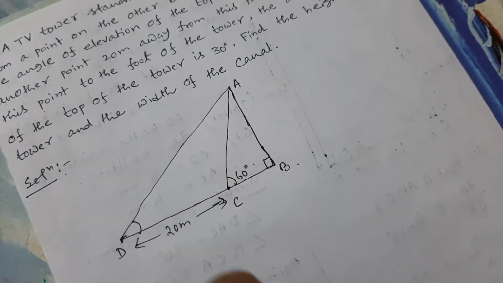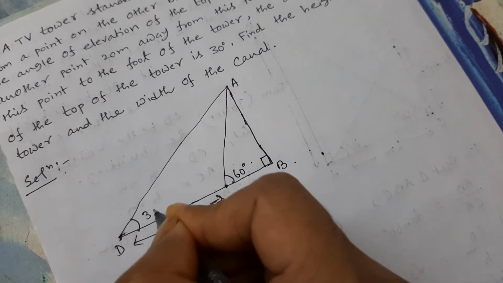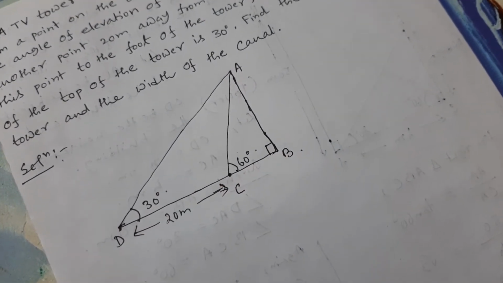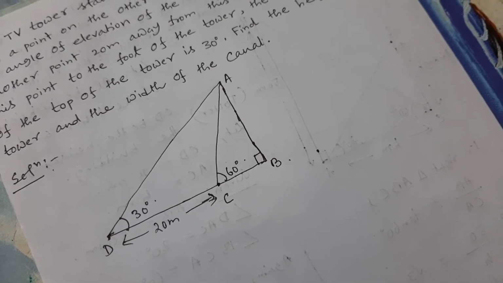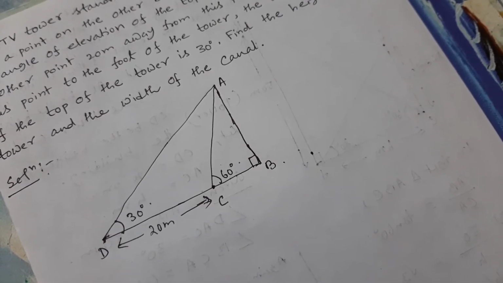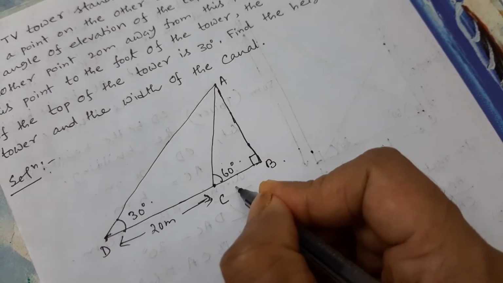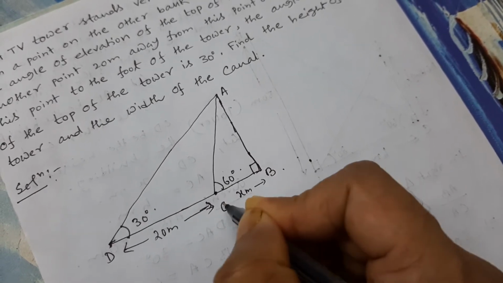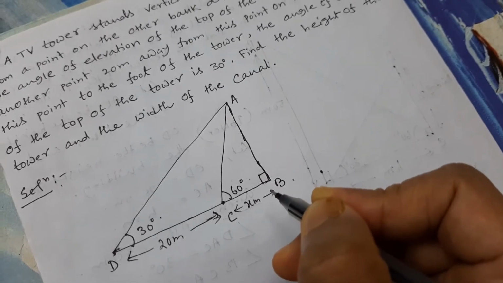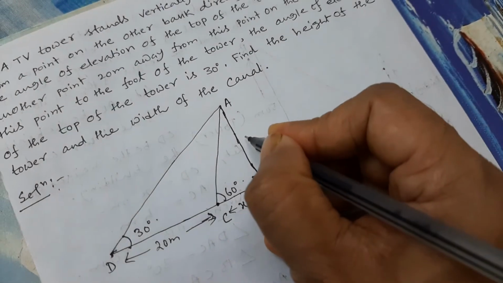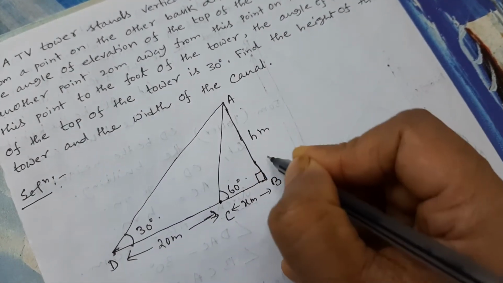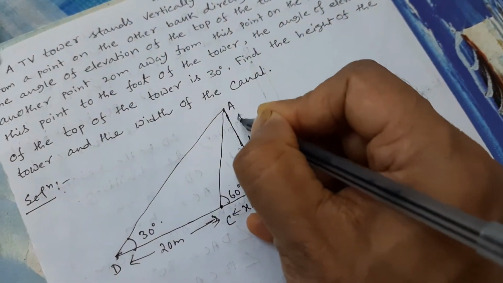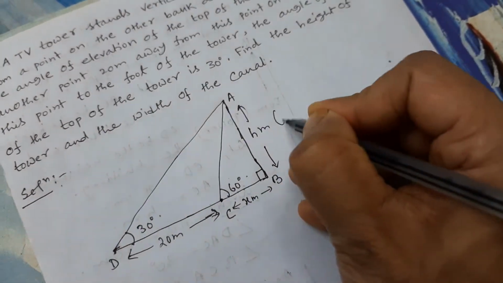This angle is 30 degree. Find the height of the tower and the width of the canal. Suppose this is x meter, this is width of the canal, and height of the tower, suppose h meter, this is tower.